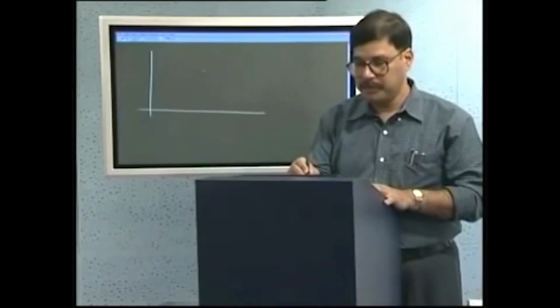In this system, if a particle is given at a point distance r from the origin and the radius vector r is making angle phi from the x axis, I am going to describe this as position r and phi.